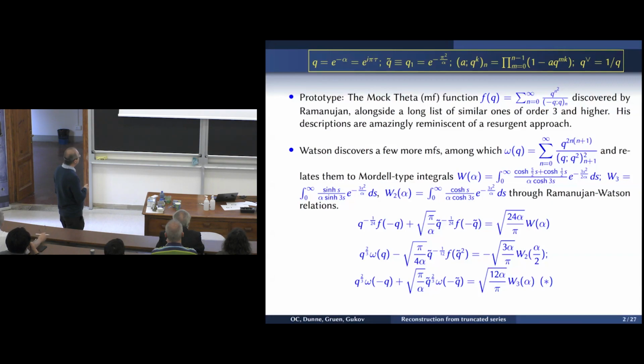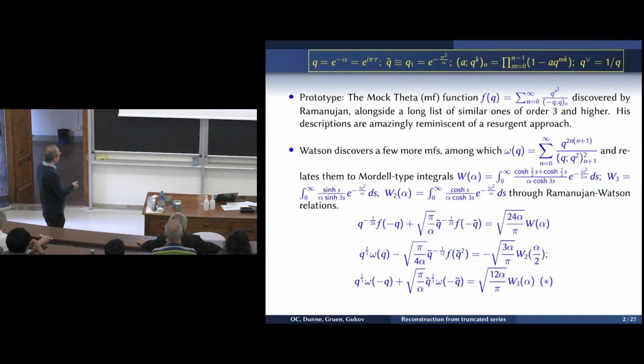And he relates them to Mordell-type integrals, which are integrals of this type. They are almost Laplace transforms, and in fact, they are Laplace transforms up to a trivial change of coordinates of, importantly, a trigonometric or hyperbolic trigonometric kernel.